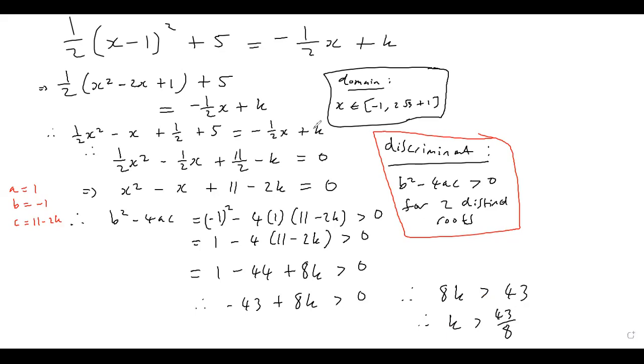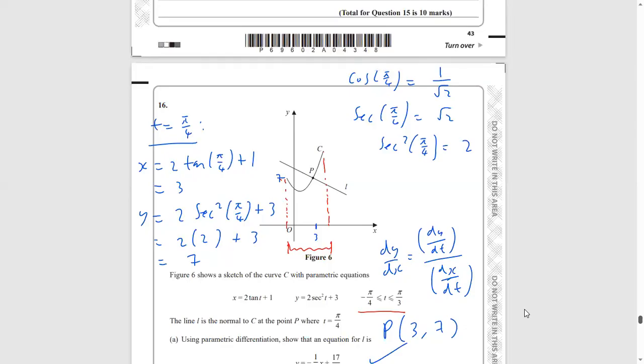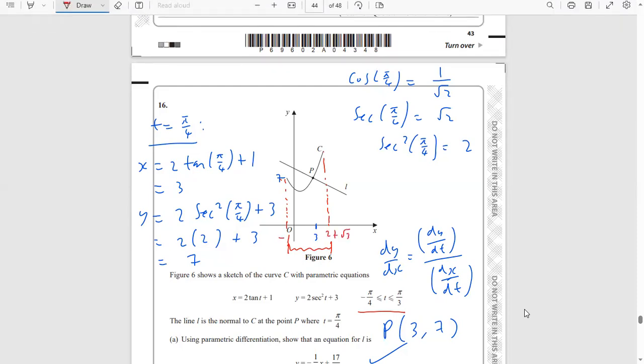But that's not the case because, remember, as we said before, this curve is only defined for t values between minus pi over 4 and pi over 3. So it's only defined in this domain there. So it's only defined when x is between, as we said before, minus 1 and 2 plus root 3. So it's only defined in this domain of values there.